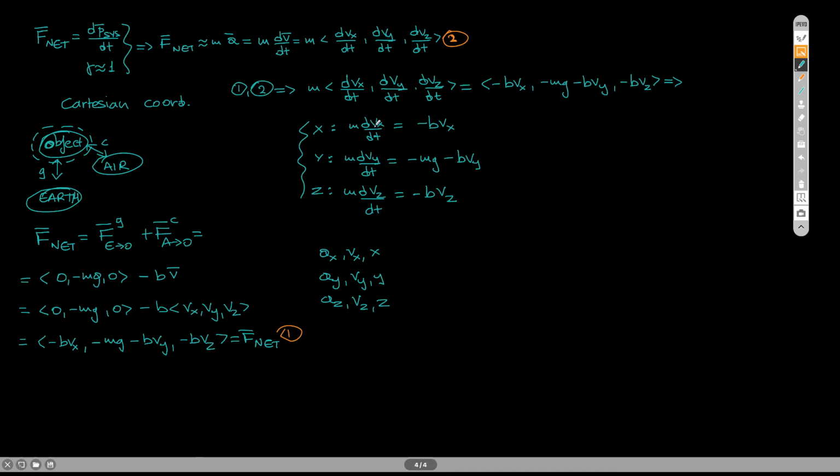I can solve for acceleration in the x, and it will be a function of vx, and if I solve for the acceleration in the y, it will be a function of vy. So actually, before I finish this, I will write it down just so I know. Ax is minus b over m vx. I'm not done yet with acceleration. I will need to come back to this. Ay is minus g minus b over m vy.